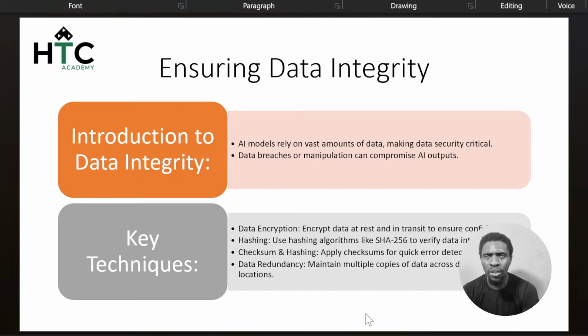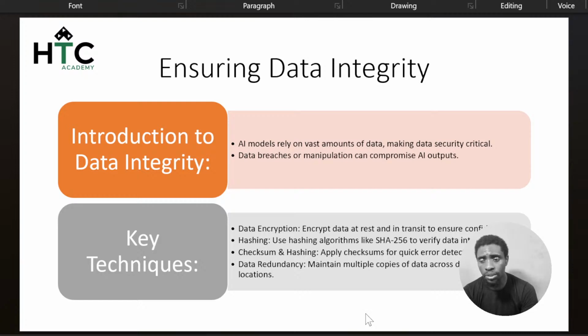Because of all of this, it becomes necessary and important that we pay so much attention to ensuring that the data we use in training AI systems is secured and protected with the best security techniques.